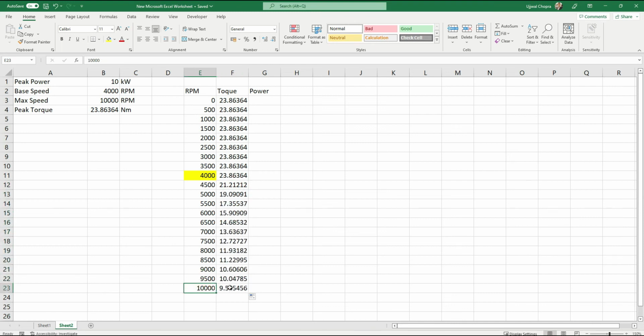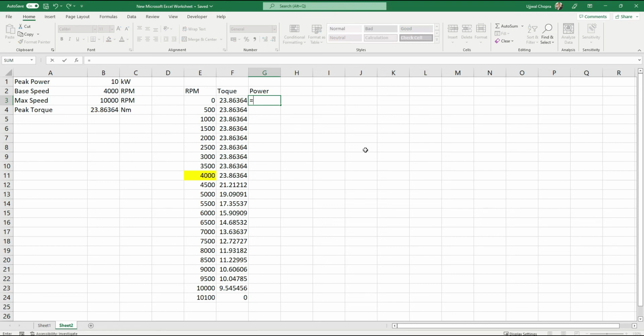At 10,000 we need to restrict the rpm, so we'll make it 0, or we can add another point which is offset by 100 rpm, and we can enter a value of 0 there. So this will make sure that we have some limitations on what is the max rpm it can operate at.